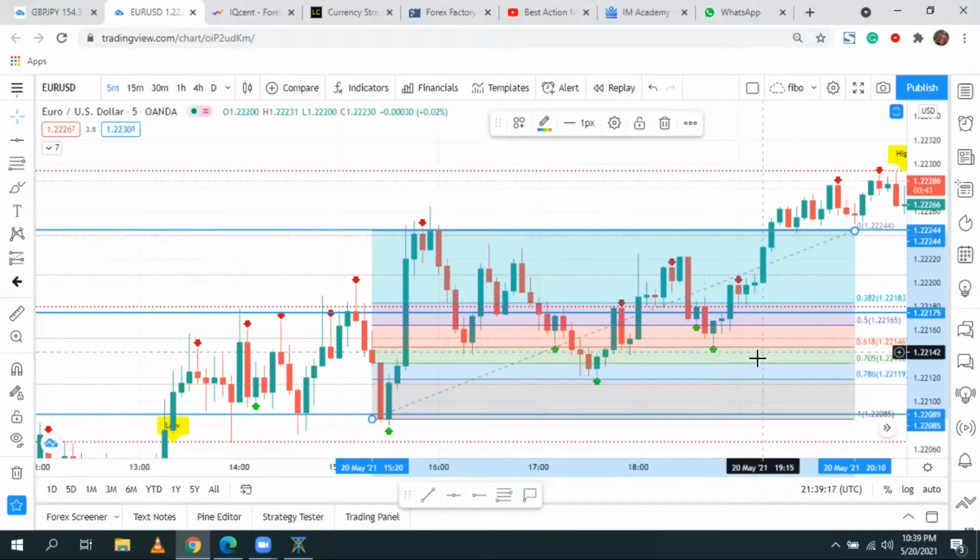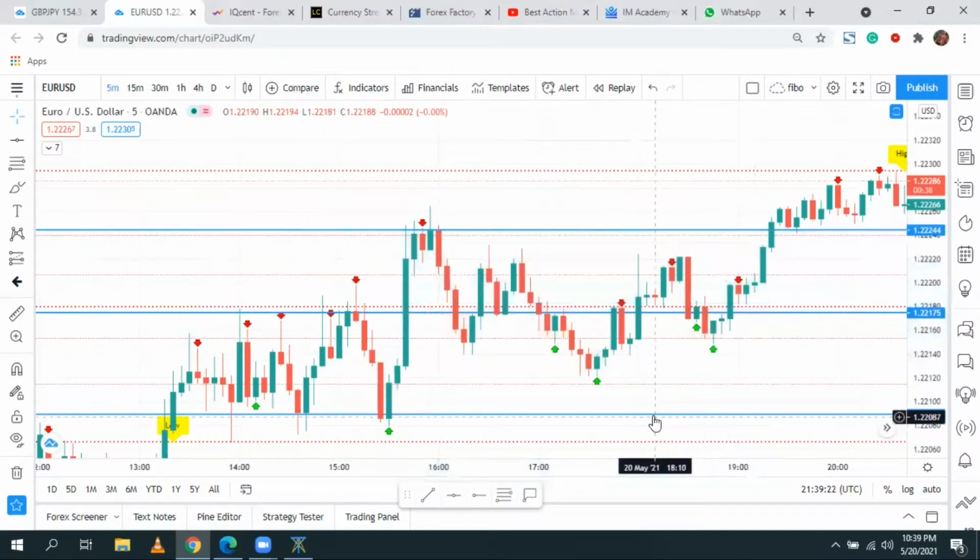It's just as simple as that. So we use our Fibonacci to take trades, but I don't just take trades based on Fibonacci alone. I use it with a previous support already.